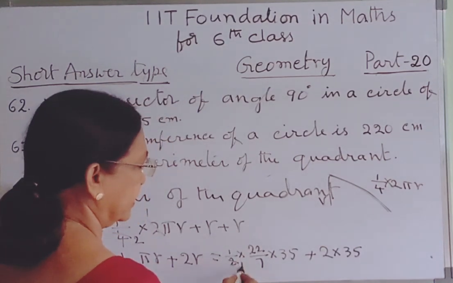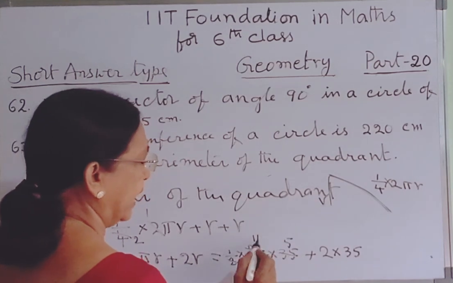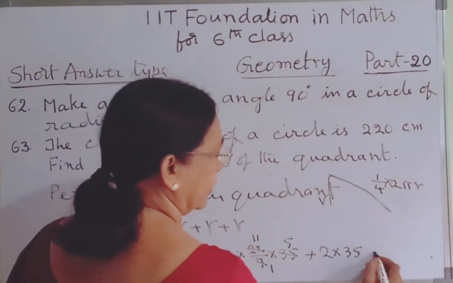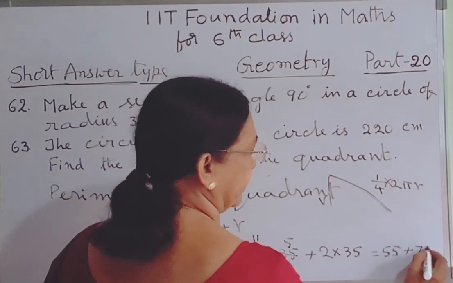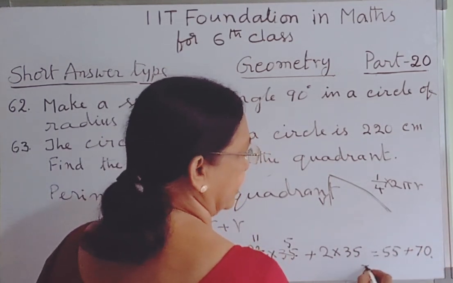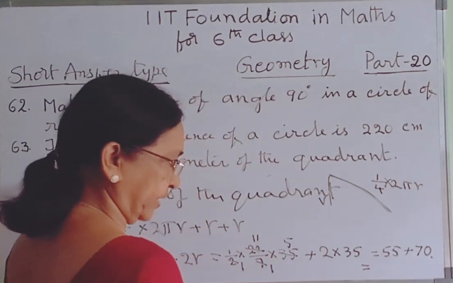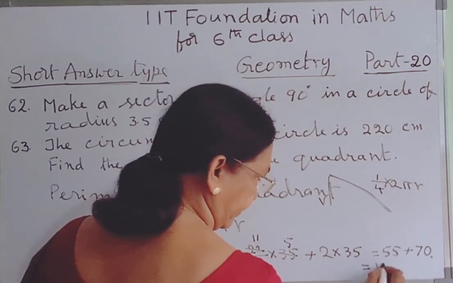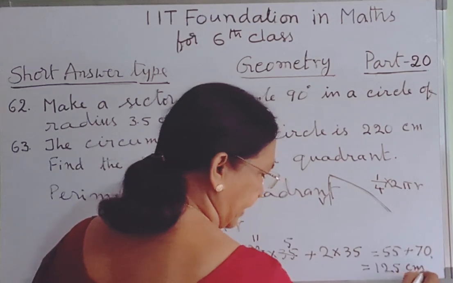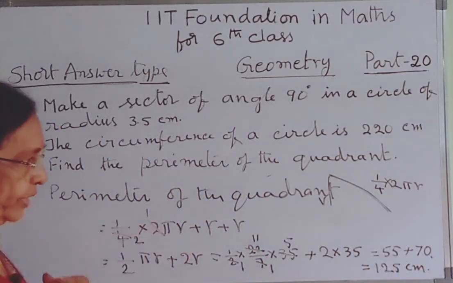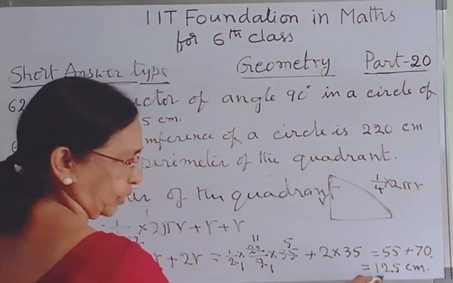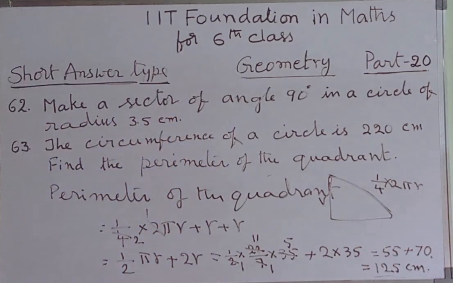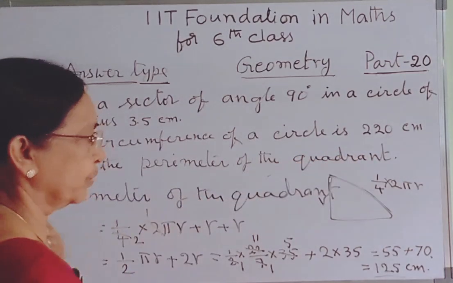So 2 1s are 2, 2 11s are 22, 7 1s are 7, 7 5s are 35, 11 5s are 55. So 55 plus 2 into 35, 70. That is equal to 55 plus 70, 125 centimeters. Therefore the perimeter of the quadrant, this is the quadrant, is equal to 125 centimeters, whose circumference is 220.